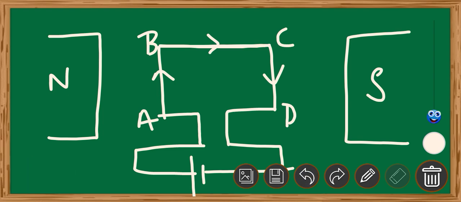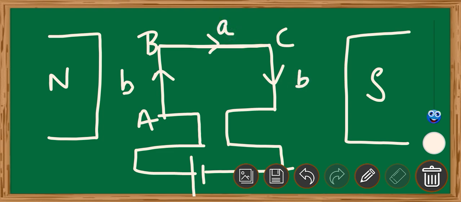Now we have to consider only AB as well as CD. First of all, AB is equal to b and BC is equal to a.